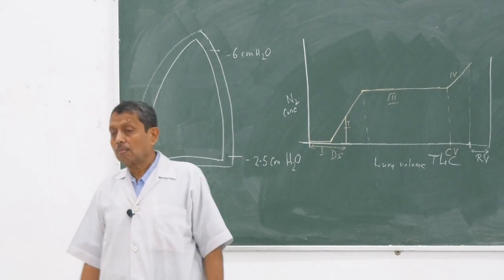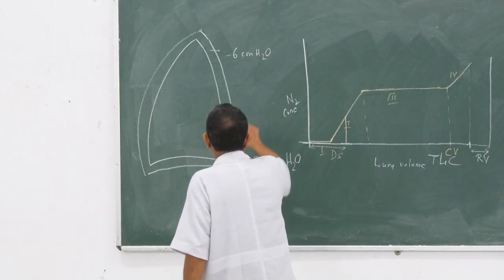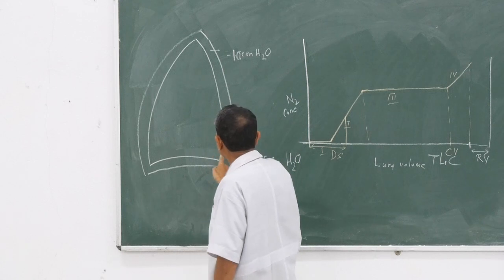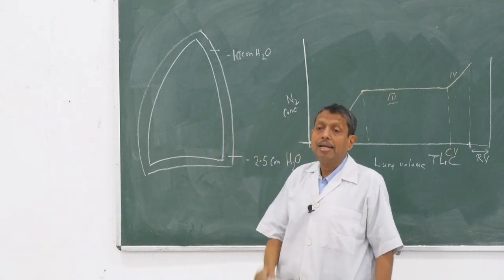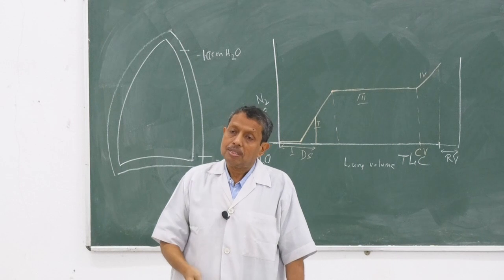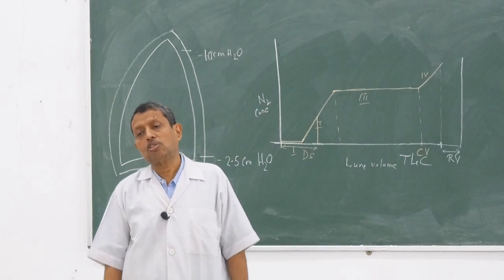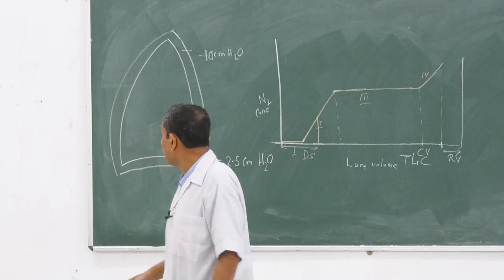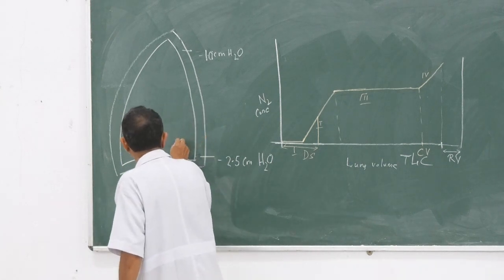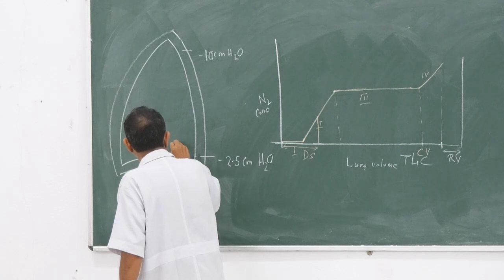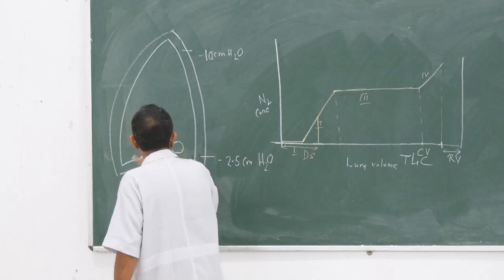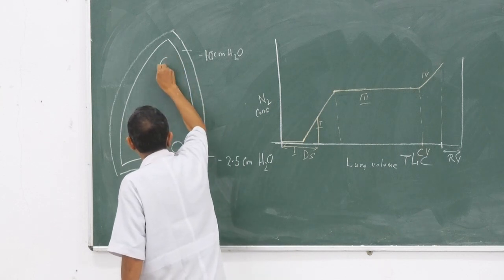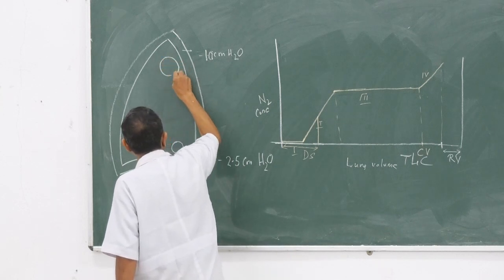Now, what occurs? Suppose it is minus 10 centimeter of water. In this position, after the normal expiration, that is at the level of the functional residual capacity, due to less transmural pressure, per unit lung volume it is more dilated here.